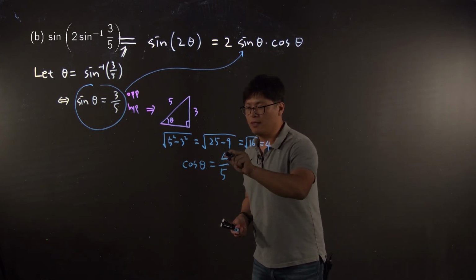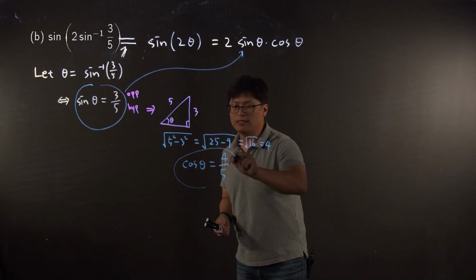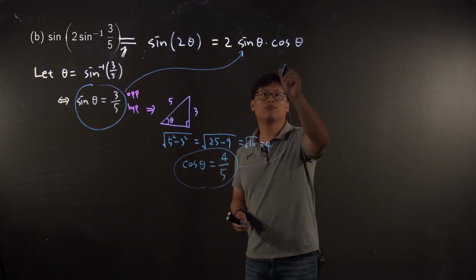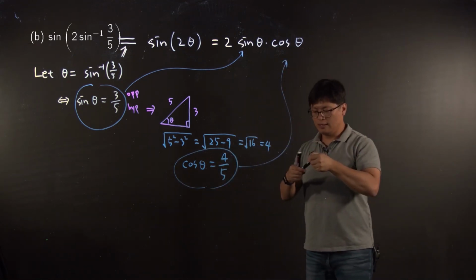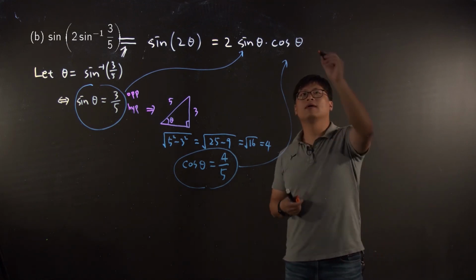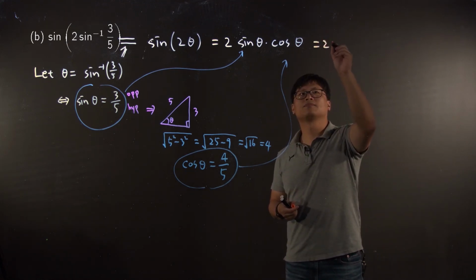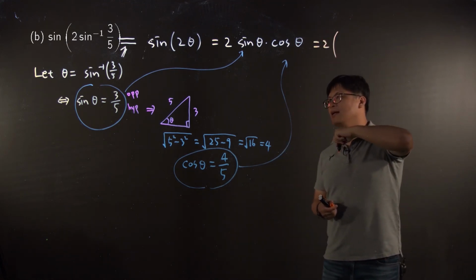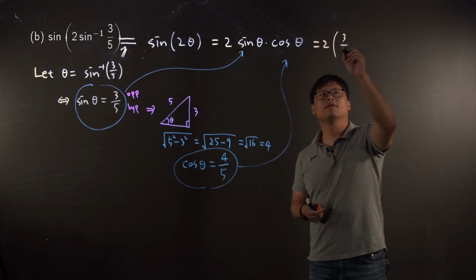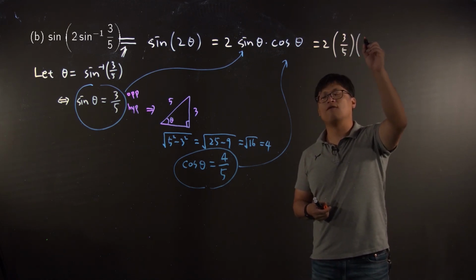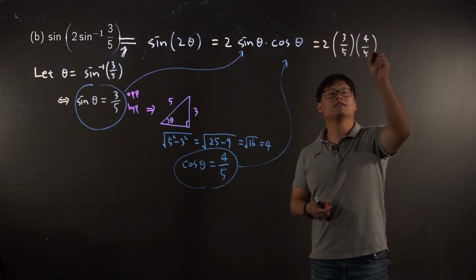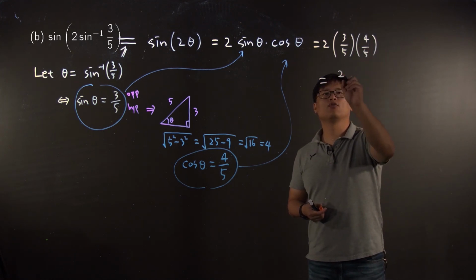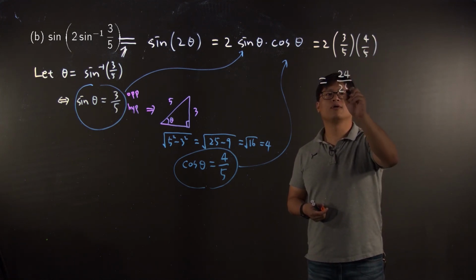Here we go. Then I'm going to plug this into my problem. It is equal to 2 times sine theta, which is 3/5, and cosine theta, 4/5. So your final answer is 24/25.